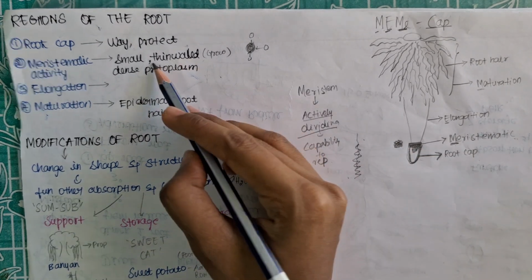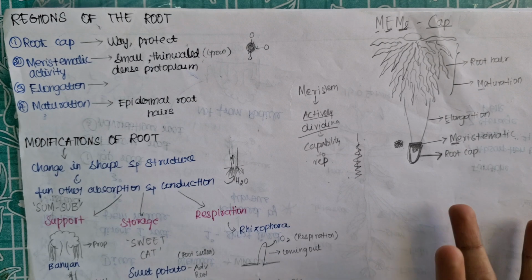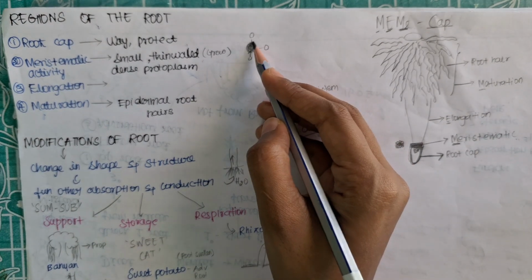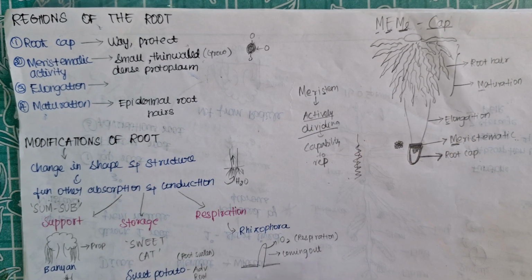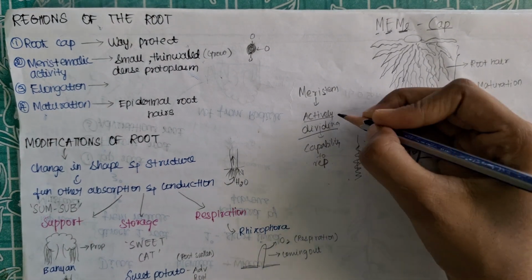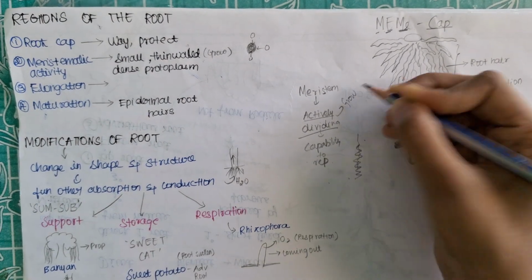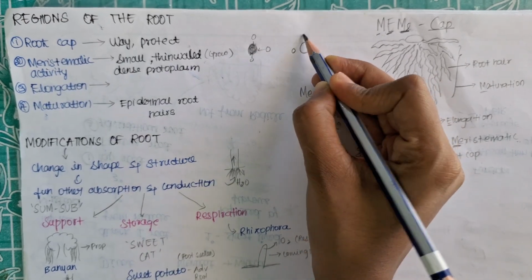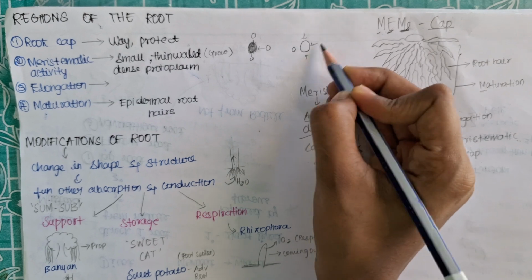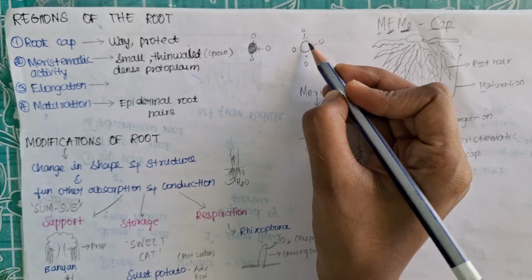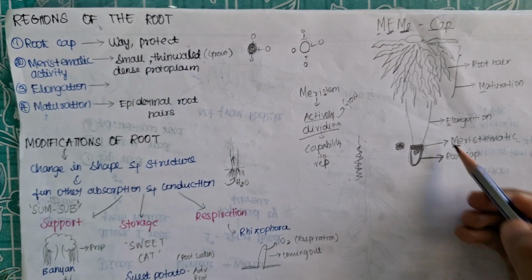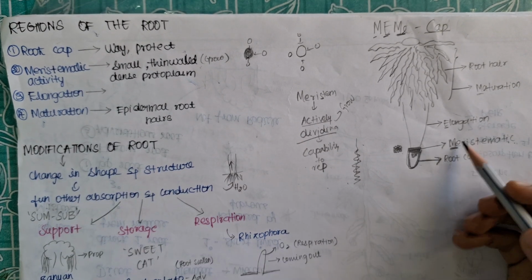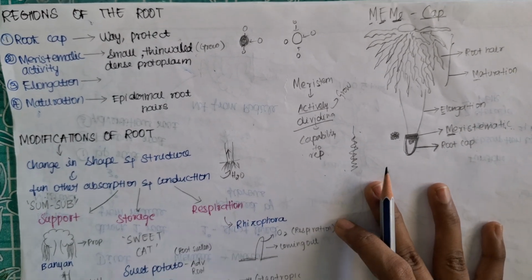Why is this region thin walled? Because whenever we have to grow, this is the place of actively dividing, which obviously means growth. A cell will initially elongate, then split into a new cell. So for this elongation and growing purpose, the wall is thin in the meristematic region and it has dense protoplasm. So now we are clear with the meristematic region as well.